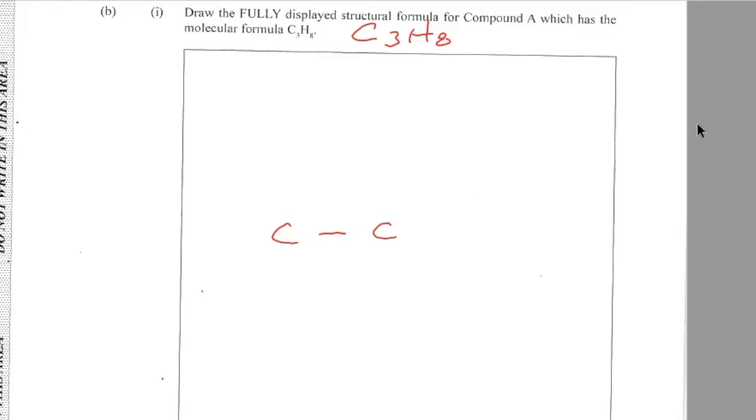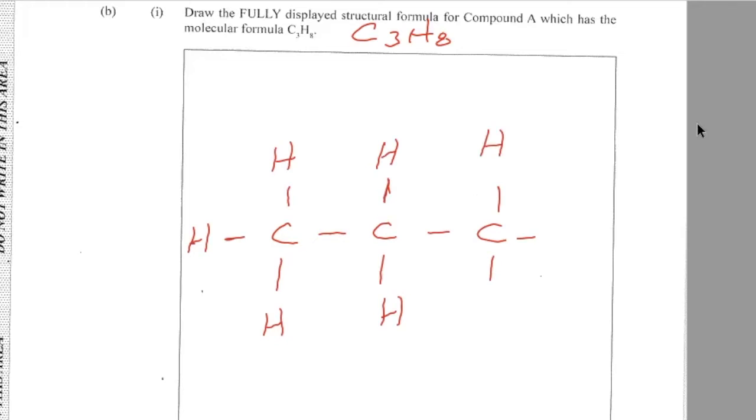This chain is made up of 3 carbons, and of course, we normally add on our hydrogens. Each carbon must be taking part in 4 bonds because carbon is tetravalent. So there we go. And this is what we call our fully displayed structural formula, showing how the atoms are bonded to each other in space.